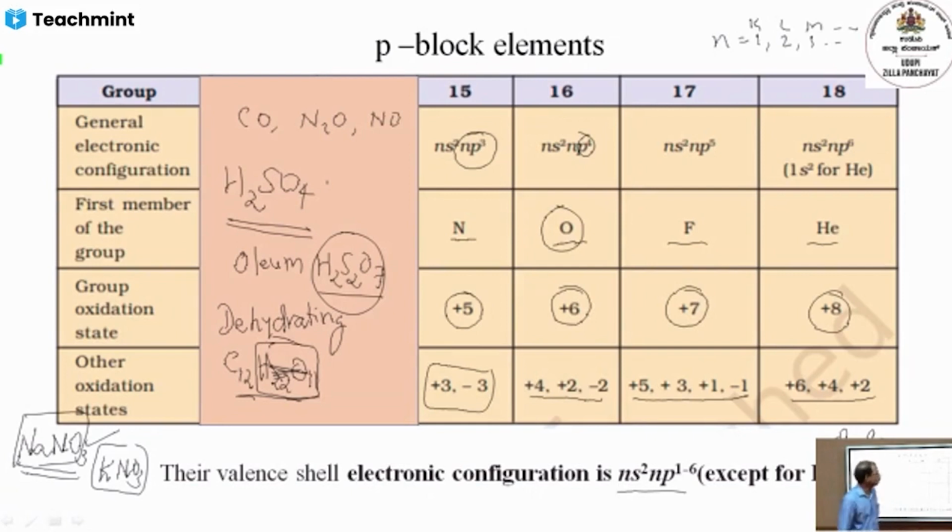Once again, fluorine being the most electronegative and the smallest atom, it will have some special properties, also because of the smaller size, with the electrons very close to the nucleus when they form compounds, because of inter-electronic repulsion.